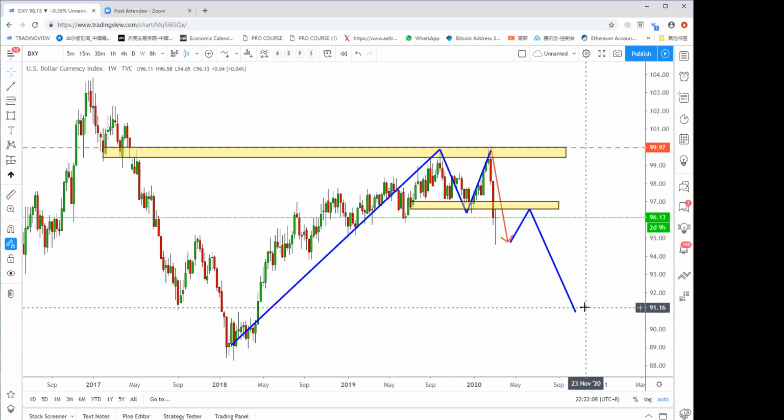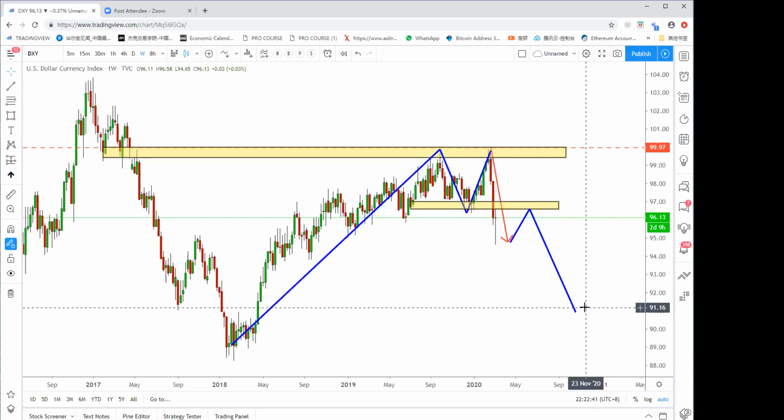I think the government refused to release the numbers of people who are infected, and some people may be treated as normal flu rather than the coronavirus. So I don't know how bad it is, but definitely the Fed has already cut the rate, so the yield of the U.S. bond dropped a lot. That's why it pushed the dollar down.